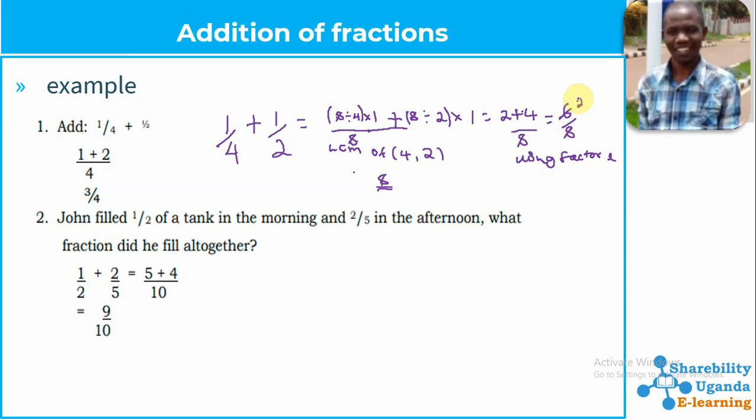So by 2 we get 3, then by 2 we get 4. So 3 out of 4 is the same answer. This is the answer, and we have seen how we can get it using the concept.